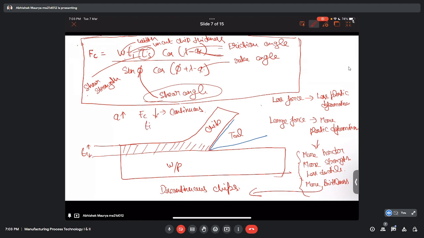So more t1 means force Fc will increase, and that will cause discontinuous chips.